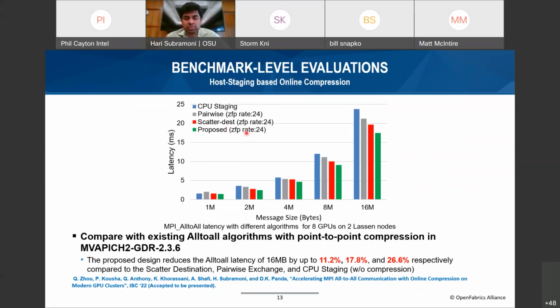In our evaluations, we saw that by doing host staging, we are able to efficiently overlap a lot of the overheads and hide them. That approach gives us the best performance for the very large message sizes. Once you go to the smaller message ranges, the trends are different, where pairwise or scatter destination performs better. But we focus on this particular range because that is where most of the applications are operating right now.